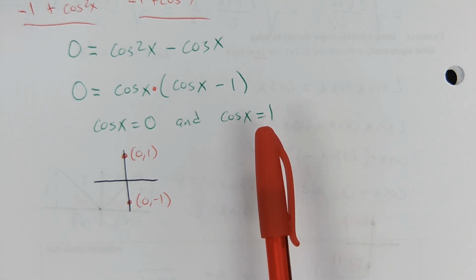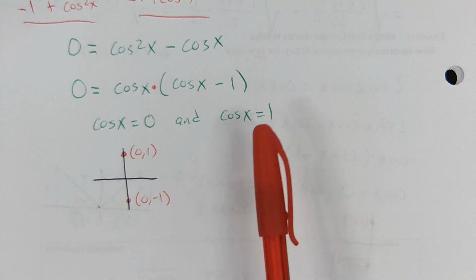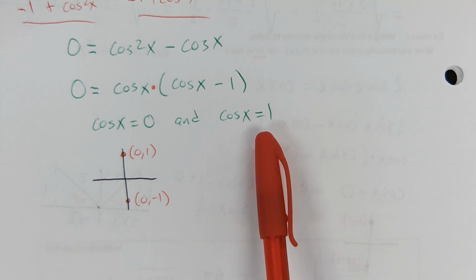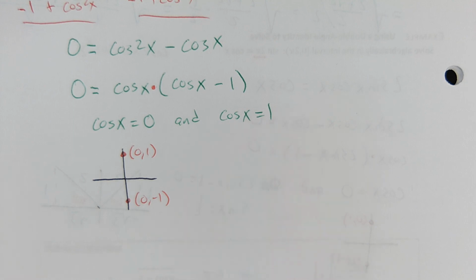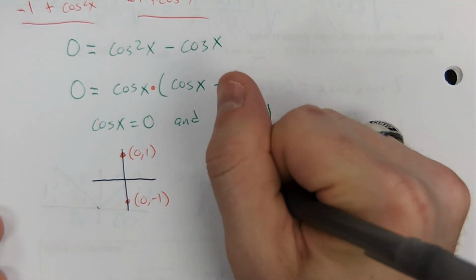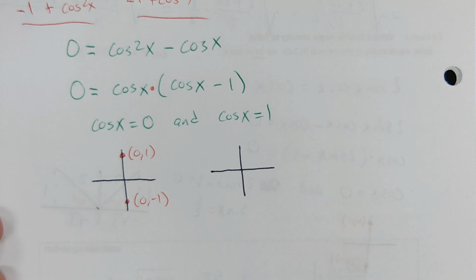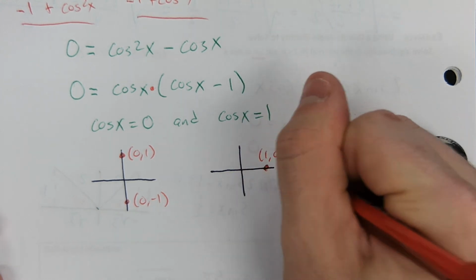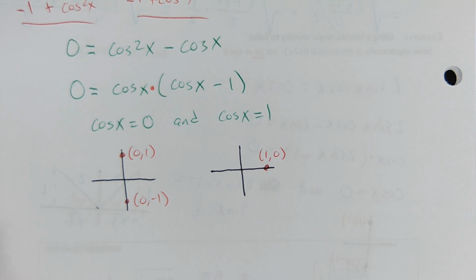Since the radius is always positive, this happens when your x value is also positive. So it's going to happen in one place. When x and r are the same and x is positive, that happens here at 1, 0. That is 0 and it is 2 pi.